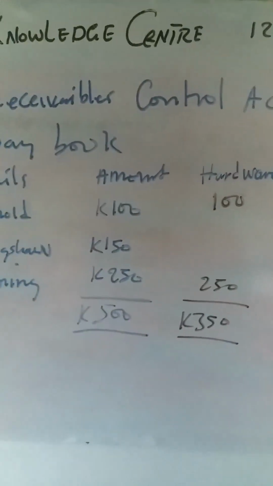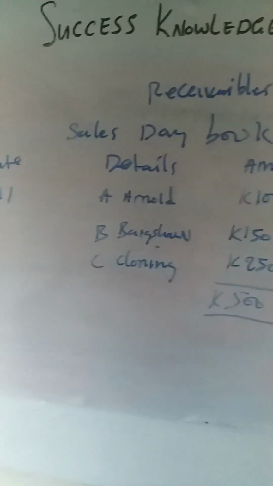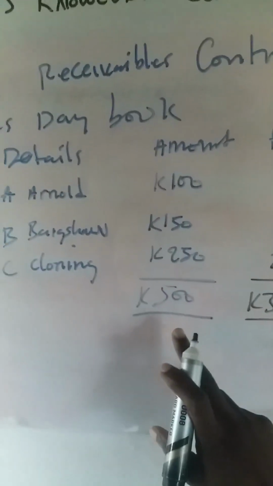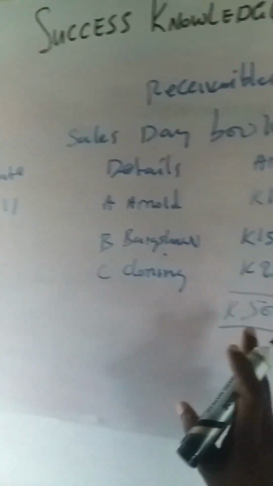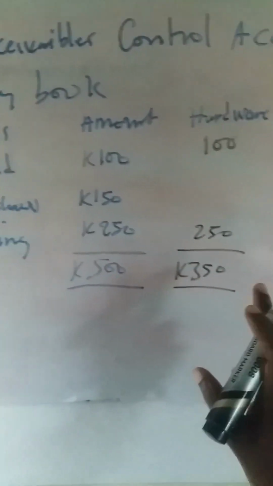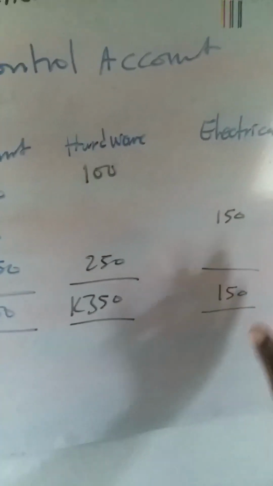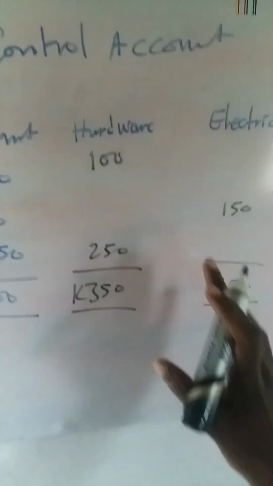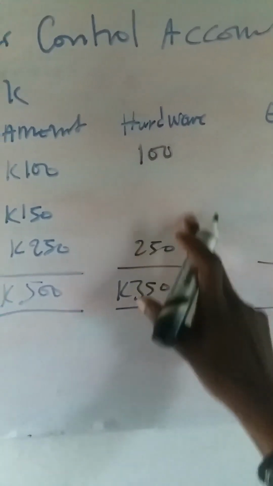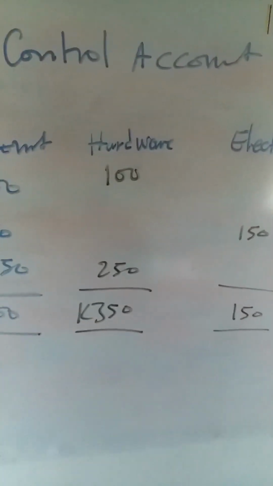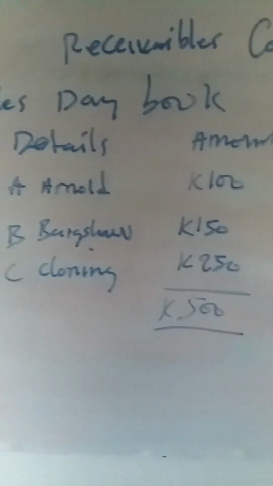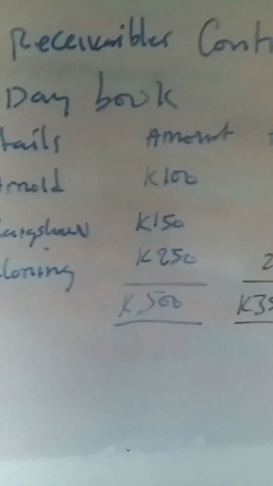All these are part of the sales day book, but what's important is just for you to indicate the amounts that you sold and the details, who got what item. And then this part going this side is just specifying more to say under hardware these are the things which were gotten, and under electrical these were the things which were gotten. So we've dealt with the sales day book, just recording.